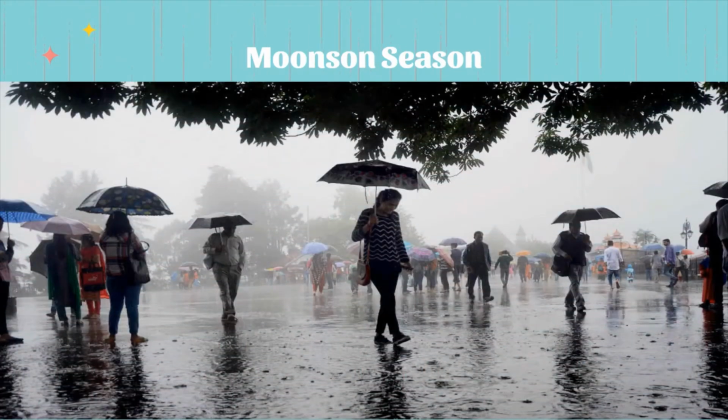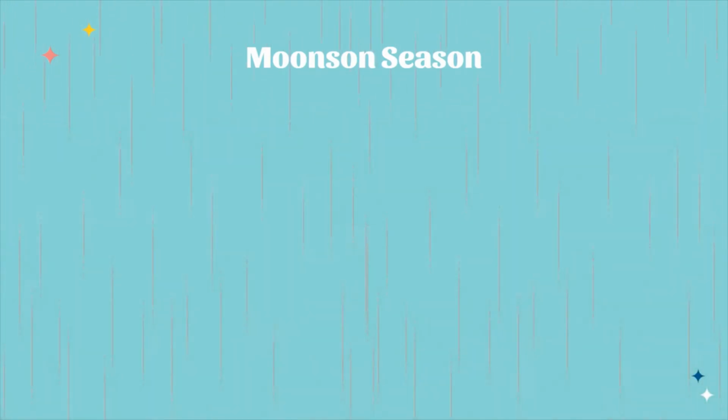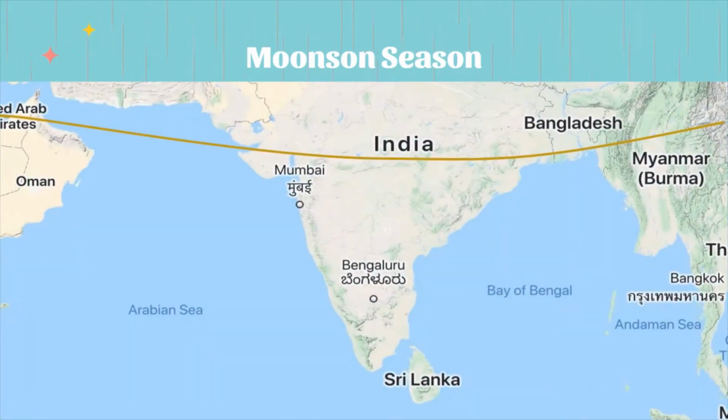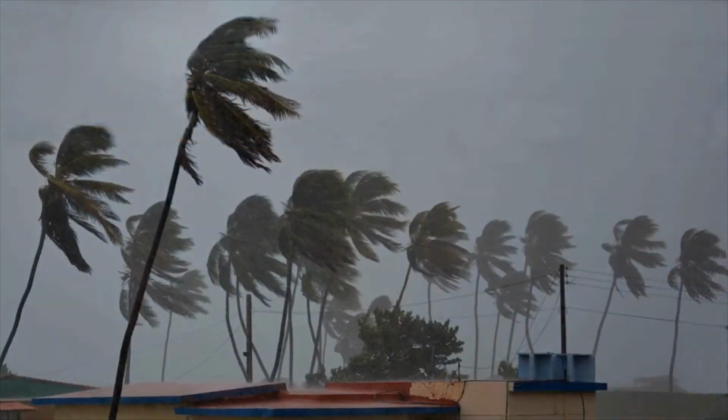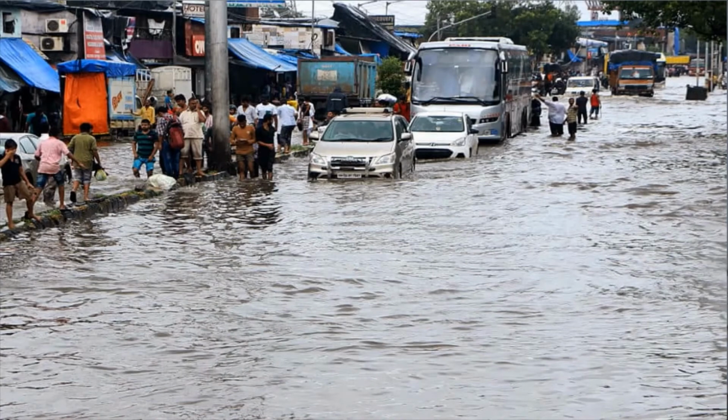It also brings heavy rain in India because the country is located near the equator area. This makes the wind stronger than in other seasons. It also causes floods everywhere in the city, which leaves people's income and health in poor condition.